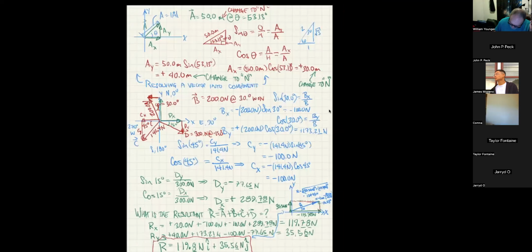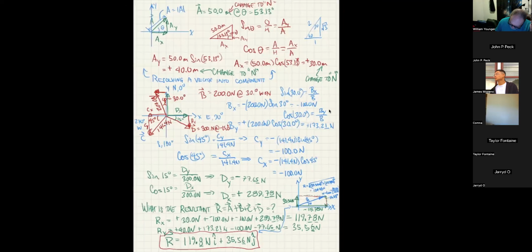So what I'm going to do now is I'm going to say this vector R equals 124, might as well call it 125.0 newtons at, and when you say at, if the next number is positive, everybody knows you're measuring it counterclockwise from the positive x-axis.